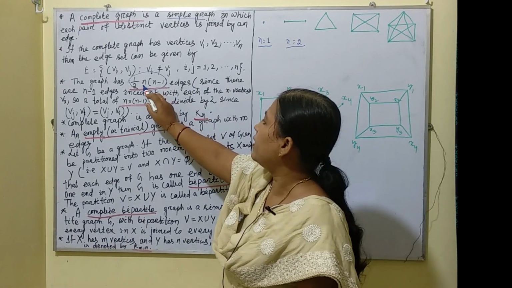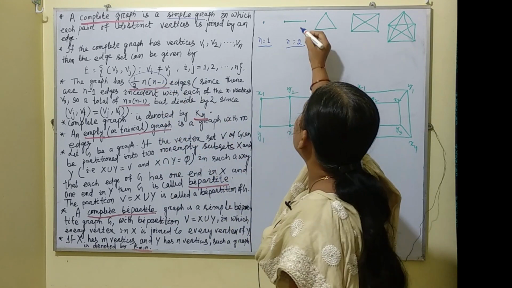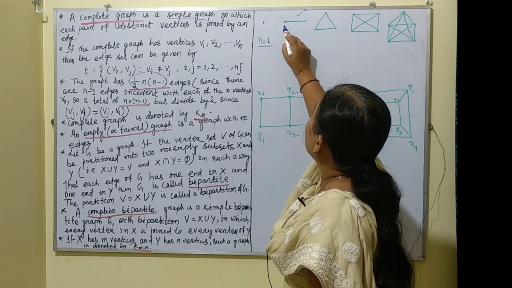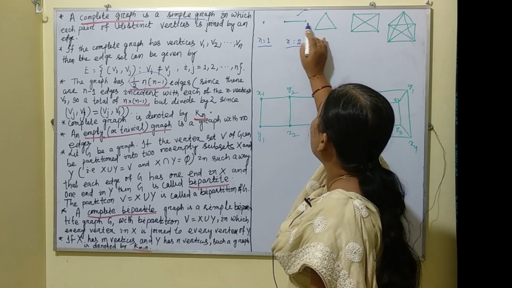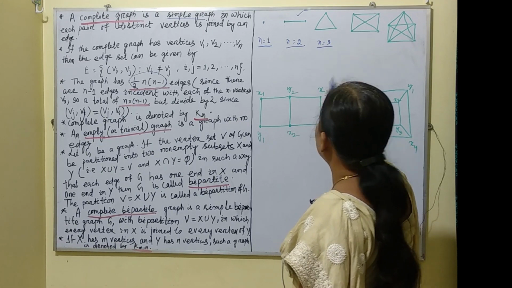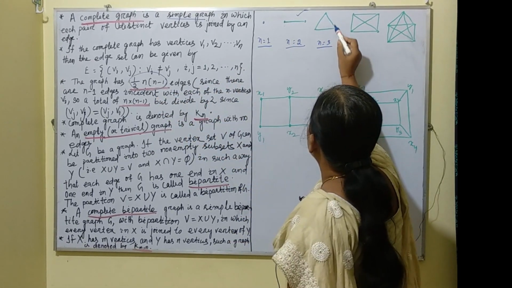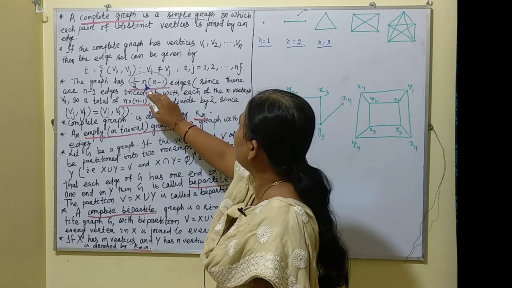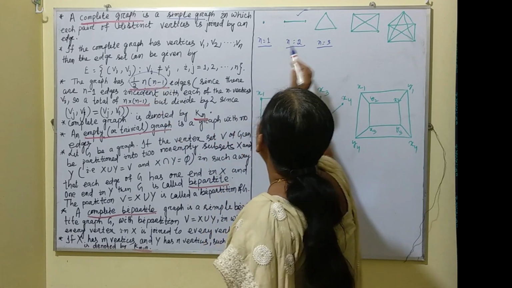Putting n equal to 2, the 2 cancels, giving 1. So this is a complete graph of 2 vertices and there is 1 edge. And this is a complete graph with n equal to 3. Putting the value 3, 3 minus 1 is 2, so there are 3 edges.